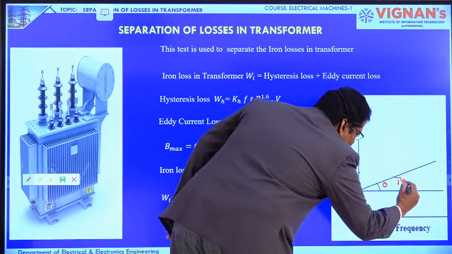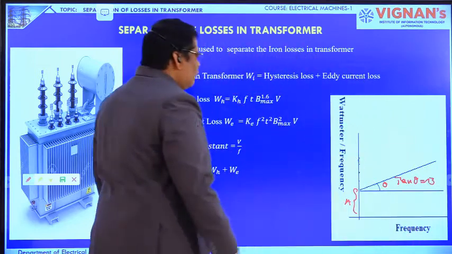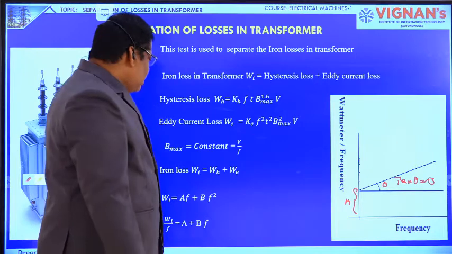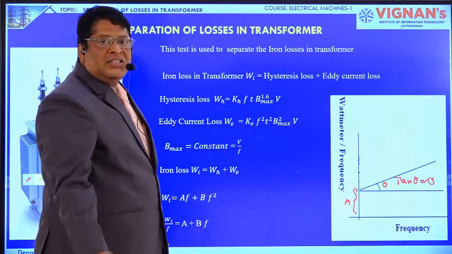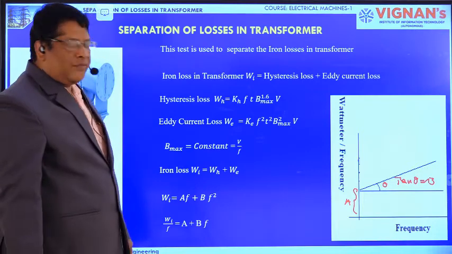If you find the slope of this, that is representing the B. Once you know the constants A and B, then we can easily calculate the hysteresis loss and eddy current loss at any value of the frequency.